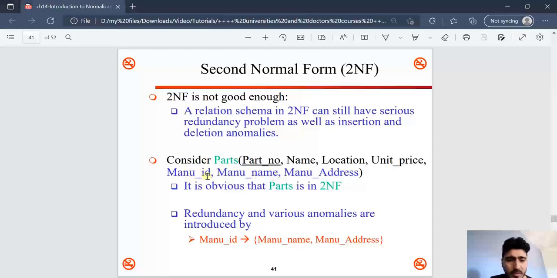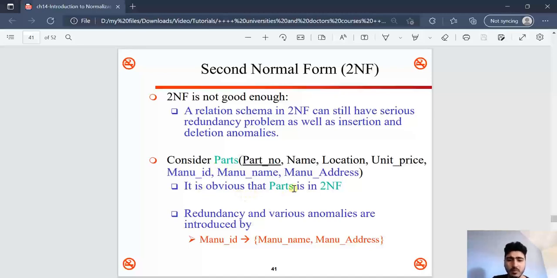We can keep only the manufacturer ID in the parts relation, and separate these three attributes into a separate relation, because these are related to another entity called the manufacturer. So manufacturer name and manufacturer address here are redundant, and we need to only put the manufacturer ID in order to make this a good design.